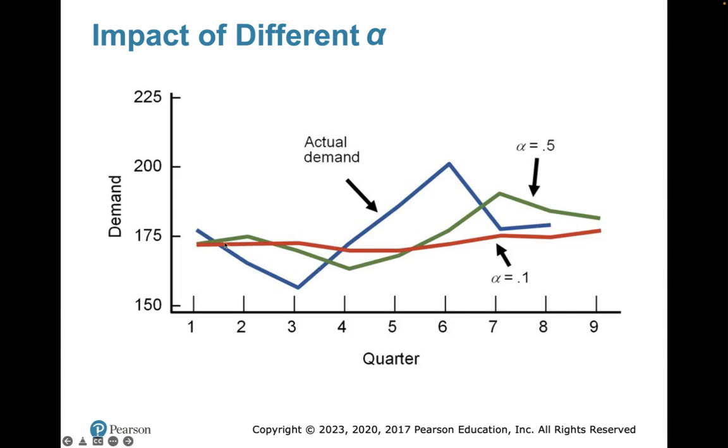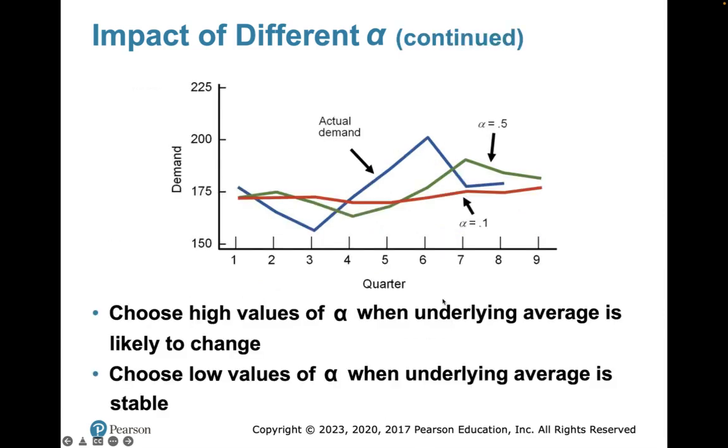So again, we have our actual demand here. If we made our constant 0.5, we can see here our values. If we expect the average to change, we would use a higher alpha.